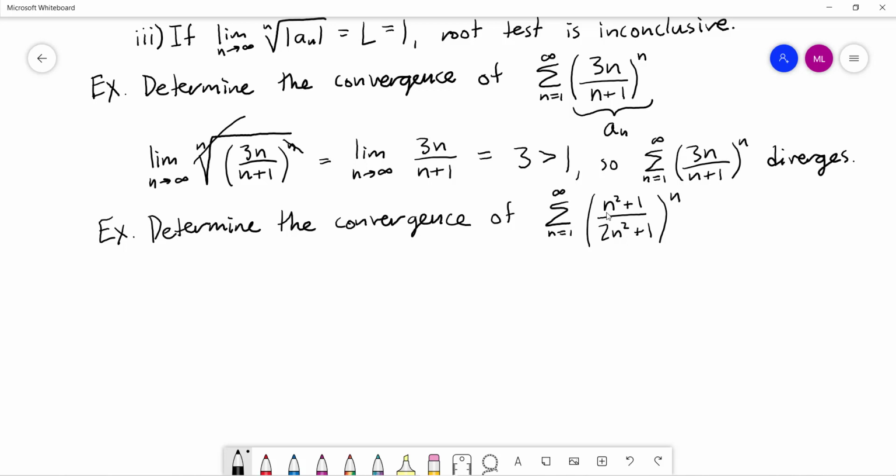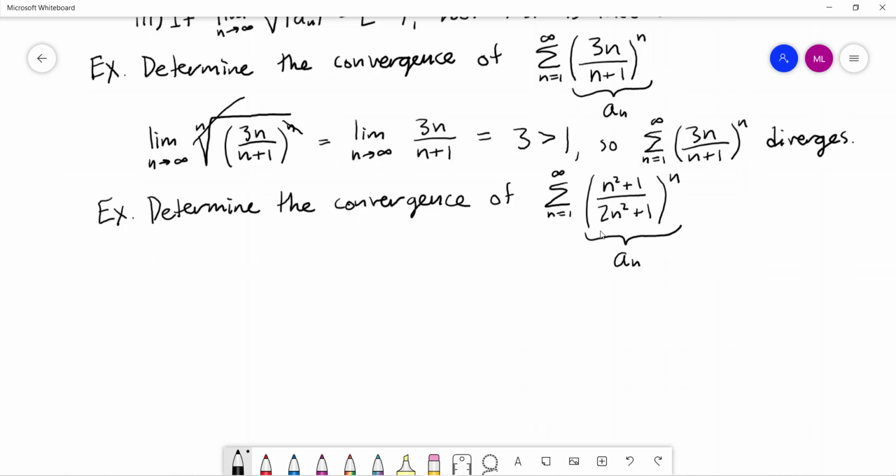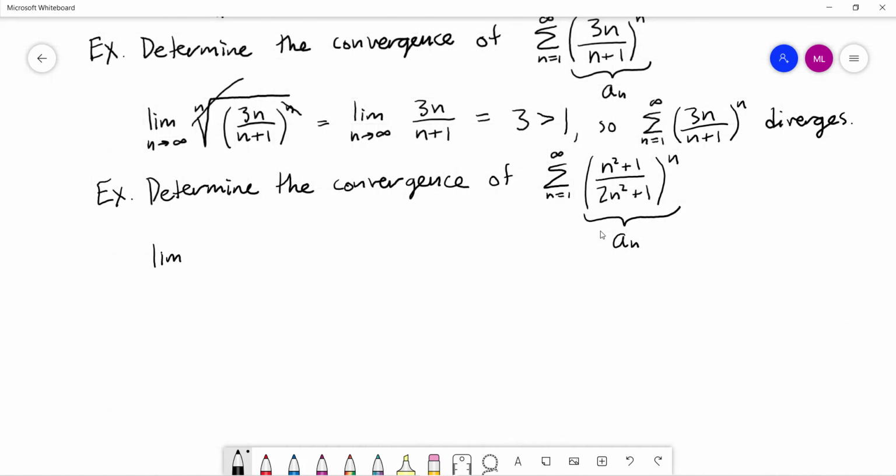What about here? Well, in this case, I'm going to get a ratio of 1/2. The highest power of n here is n squared, same in the bottom, n squared. Just look at the coefficients, I'm going to get 1/2. This thing's going to converge. And so we'll see that in just a minute. So here's my a sub n. We take the limit as n goes to infinity of the nth root of that whole mess, (n squared plus 1 over 2n squared plus 1) to the nth.